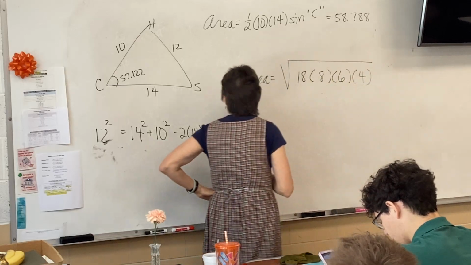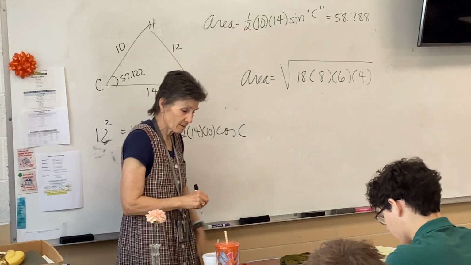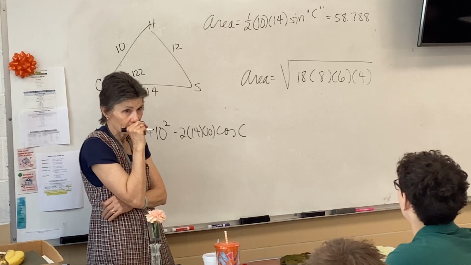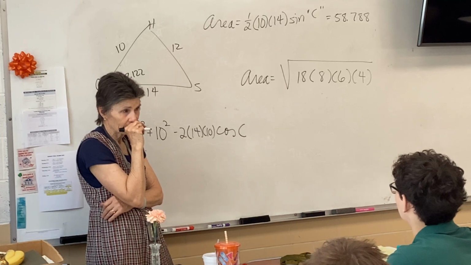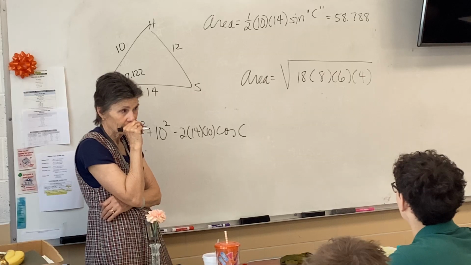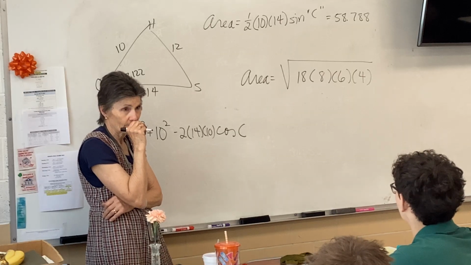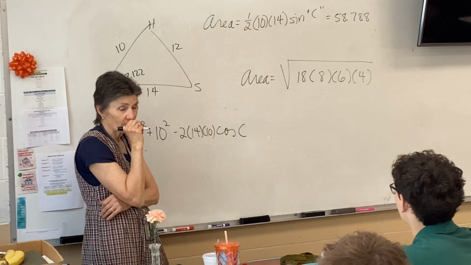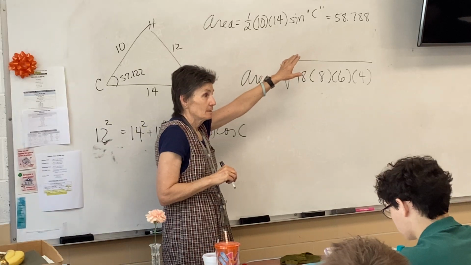Multiply those numbers together and take the square root. What did you get? Didn't you get exactly what we got last time?